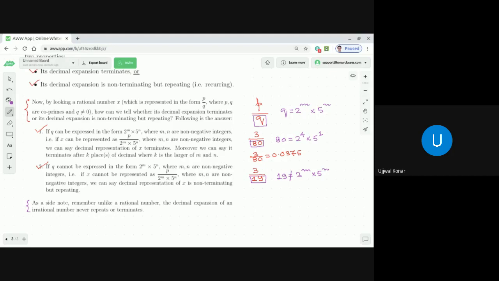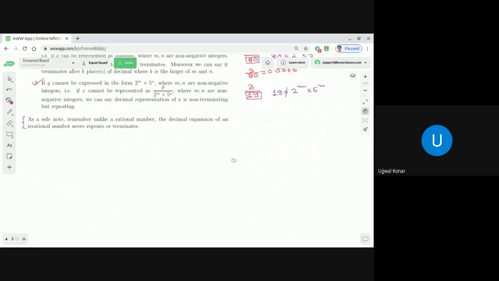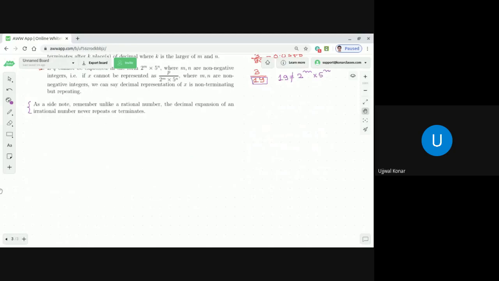When you ask why it is called irrational, that word irrational is actually very meaningful in the context of this discussion. A rational number is a number which we generally use in our day-to-day life.